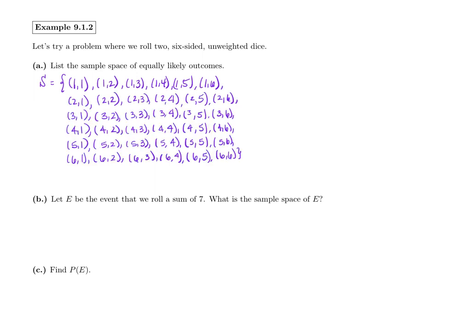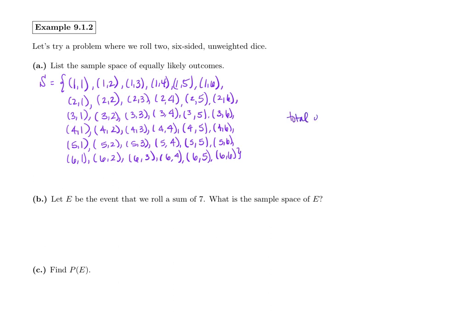Now that you've taken the time to write out all of the events in our sample space, let's see how many events we actually have here. Well, we have 1, 2, 3, 4, 5, 6 by 1, 2, 3, 4, 5, 6.